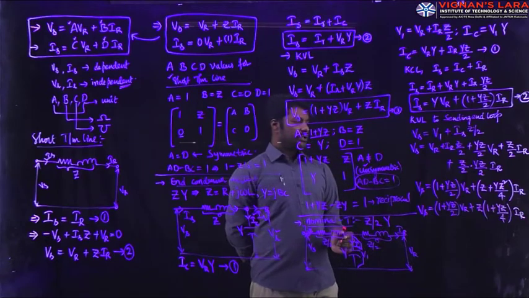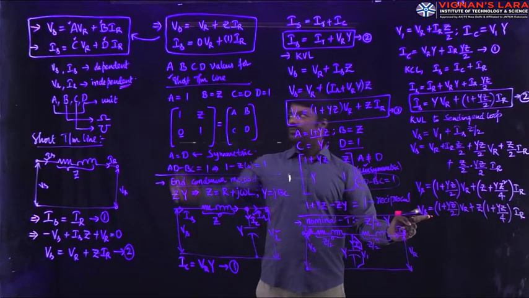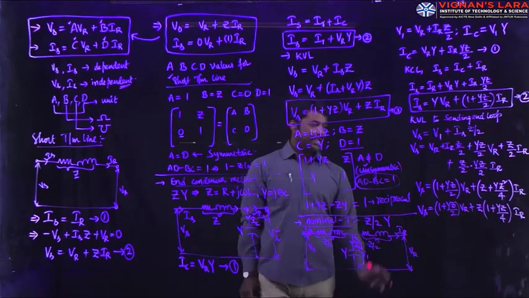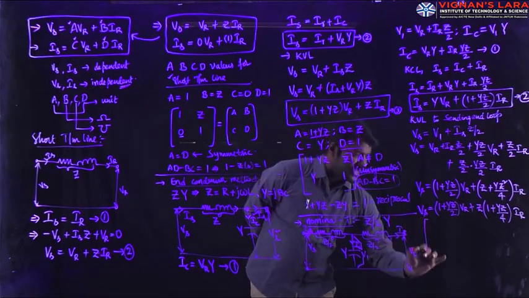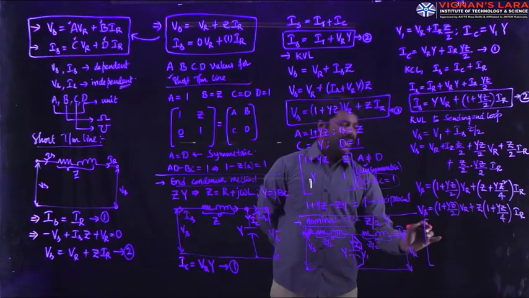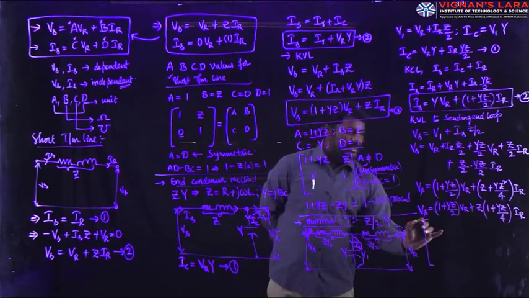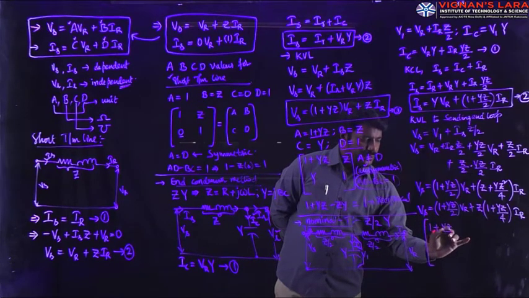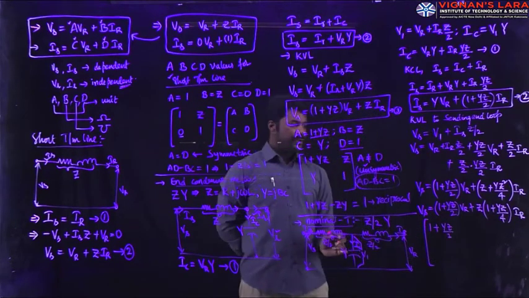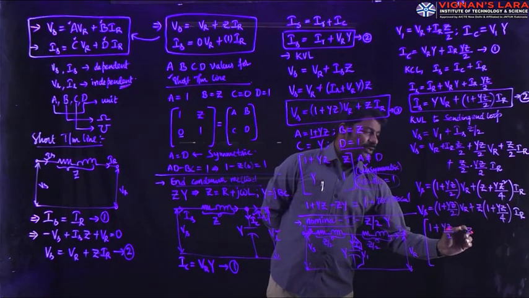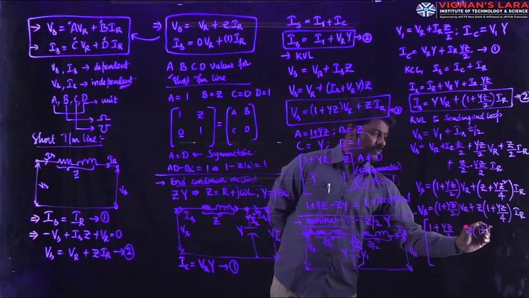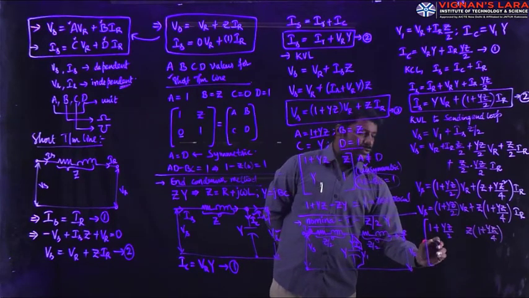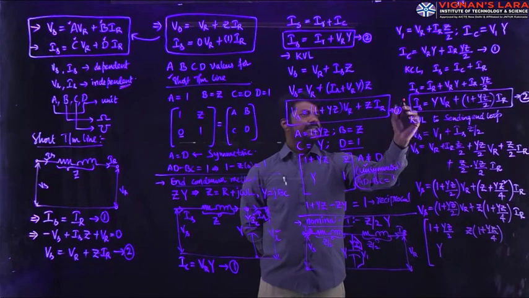So comparing this equation with this Vs equation, you can get the constants called ABCD, and the finalized constants here are the ABCD values of this nominal T. What are they? A value is equal to 1 plus YZ by 2, B value is equal to Z into 1 plus YZ by 4, C value is equal to Y. Compare this equation.